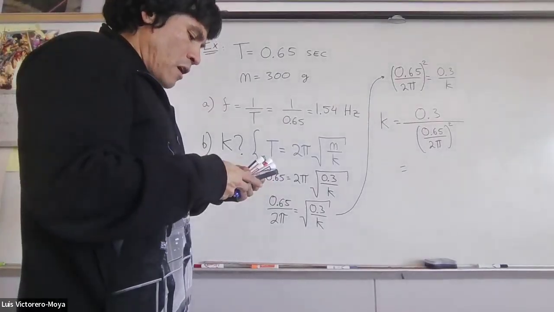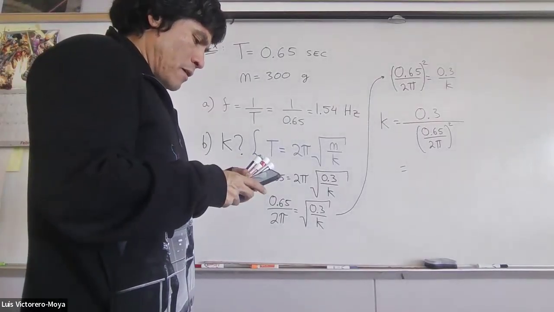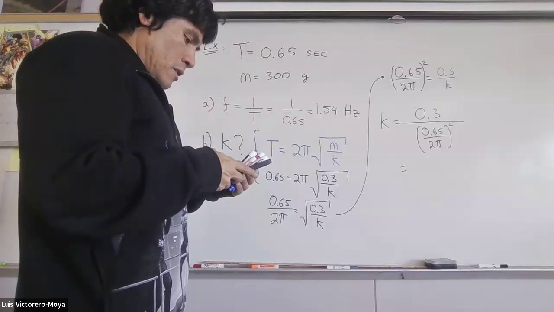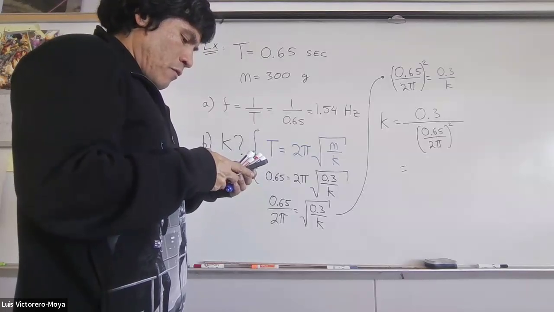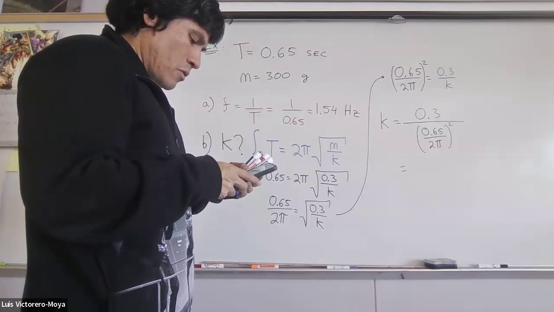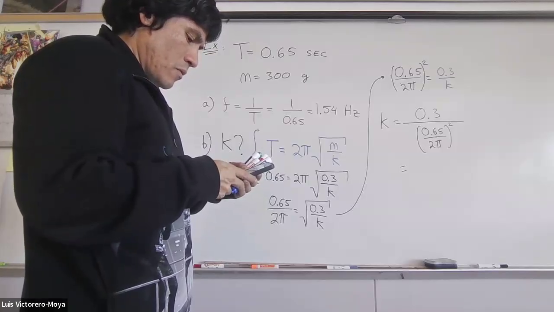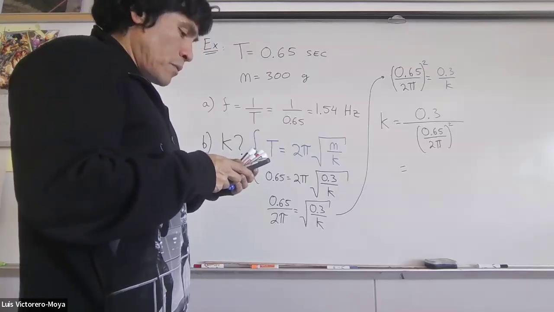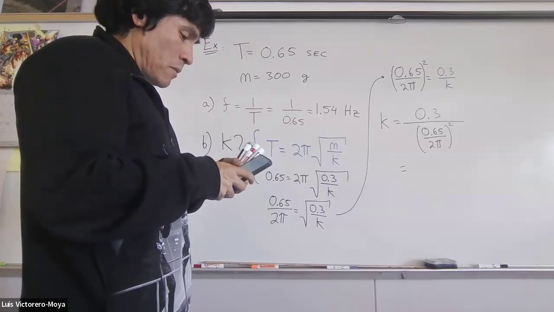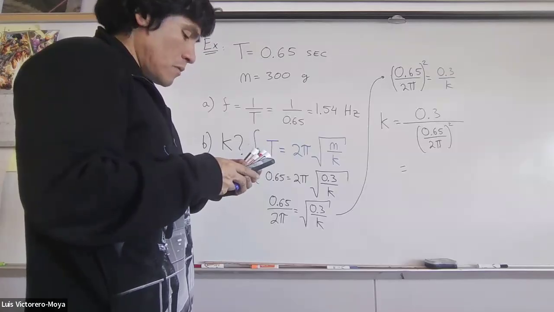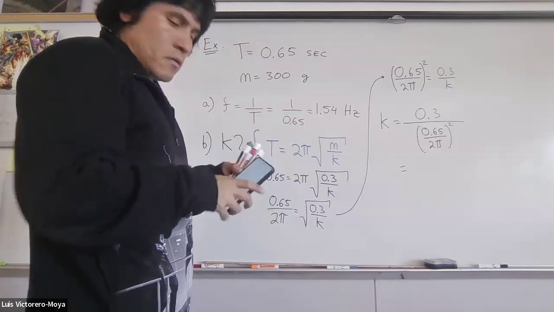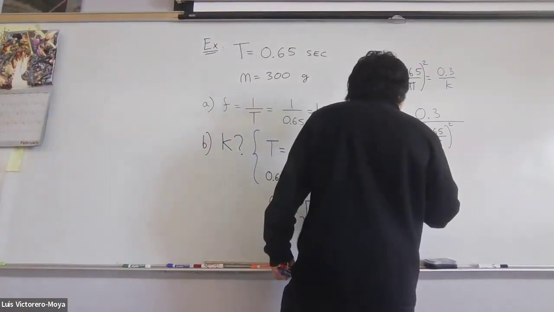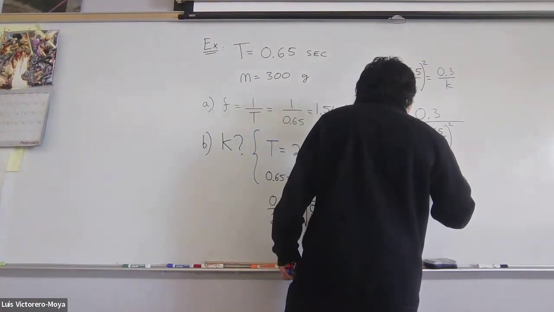So 0.65 over 2 pi, that's 0.104. So 0.3 over 0.01 basically. Not bad. 30 newtons per meter.